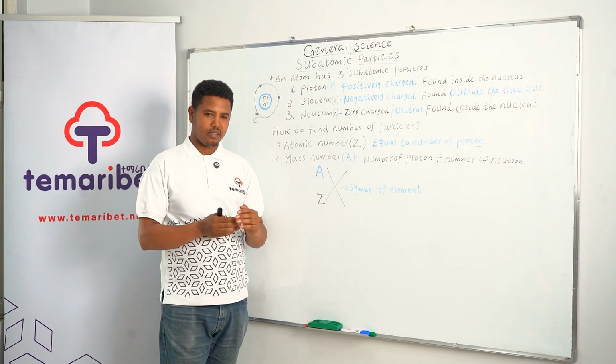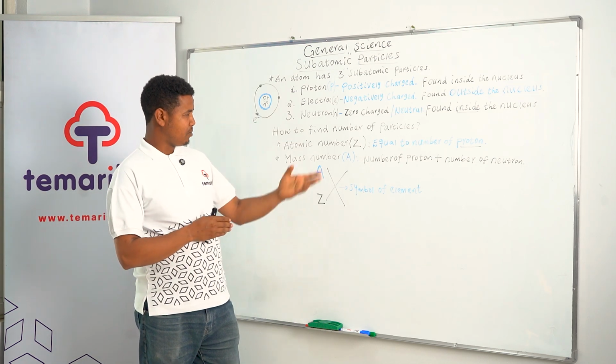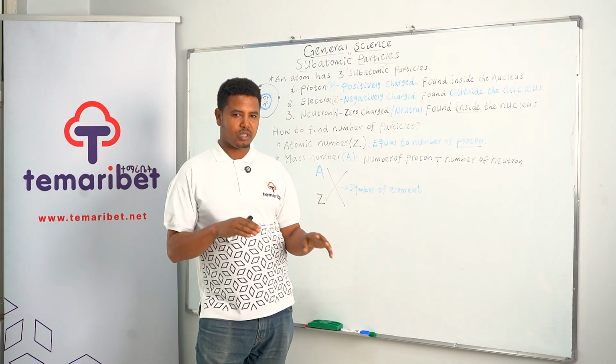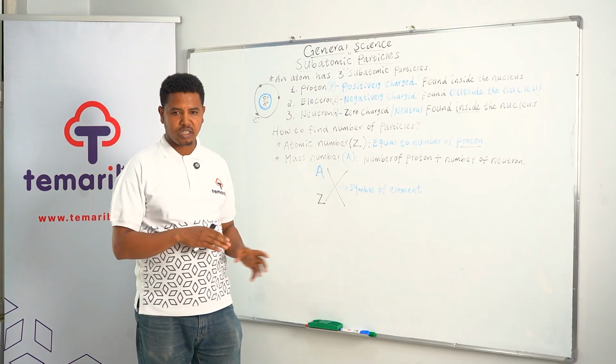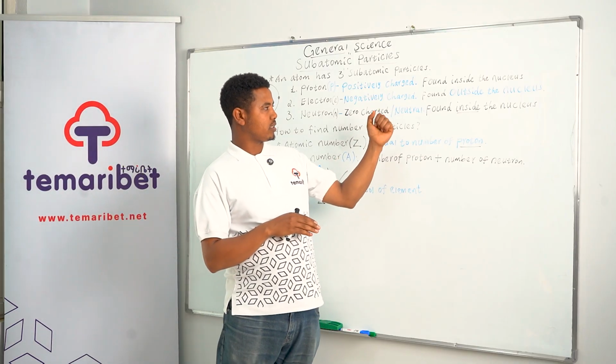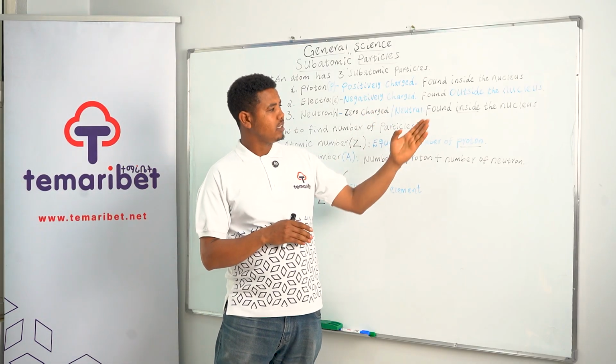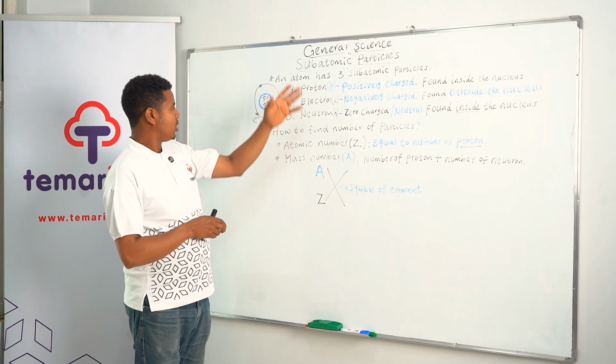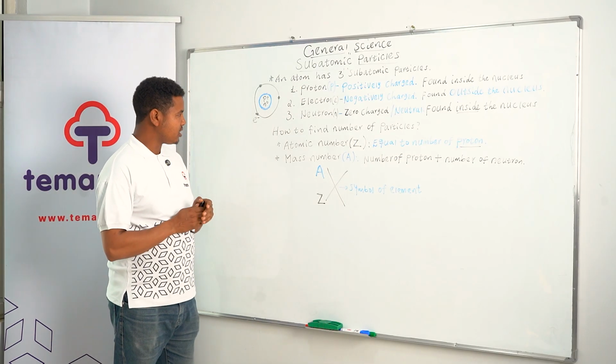And neutron is zero charged. As the name indicates, neutron is neutral, neither positive nor negative, and it is found together with the proton inside the nucleus. Let's look at the diagram here.